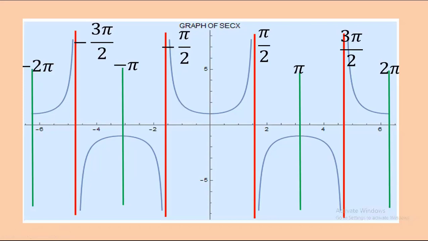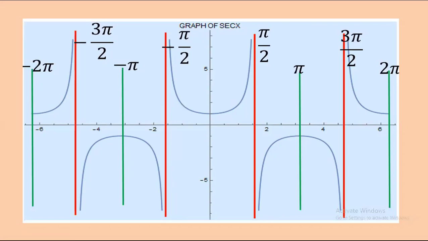Okay, first tell about the domain. You see, for pi by 2, we do not get any real value. That is, it is not continuous at pi by 2. Again at 3 pi by 2, it is not continuous. Then at minus pi by 2, it is disconnected, that is discontinuous. At minus 3 pi by 2 the graph is also discontinuous. So the set of all real numbers is not the domain.